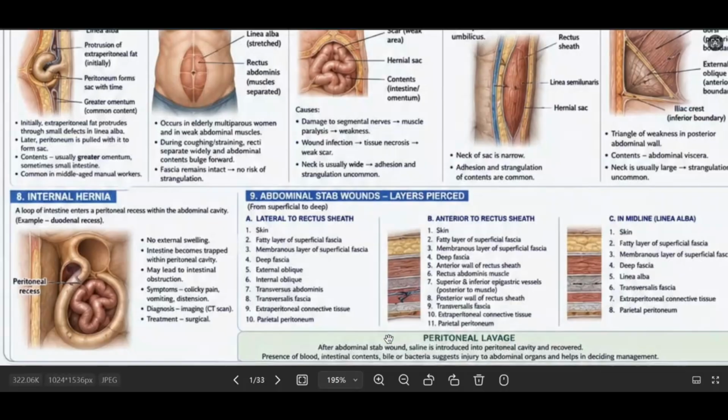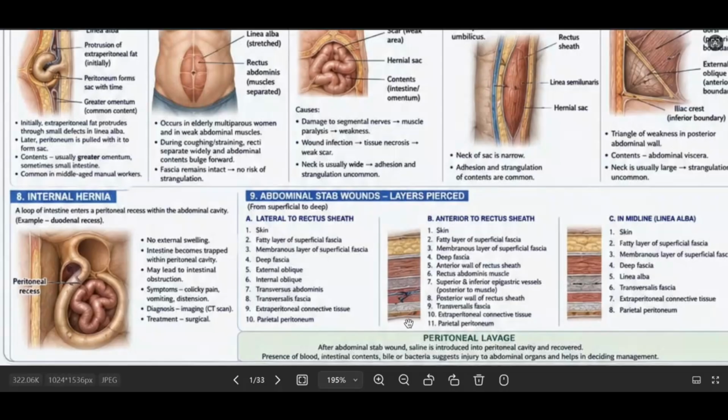That means they are saying here, if there is a stab wound in the abdomen, we introduce the saline and then recover it, and the question of whether surgery should happen or not depends on the presence of blood, and the intestinal contents that are pierced at that point. Because in the C point there are very few intestinal contents, that means the most damage is not happening here, although there are a lot of layers.